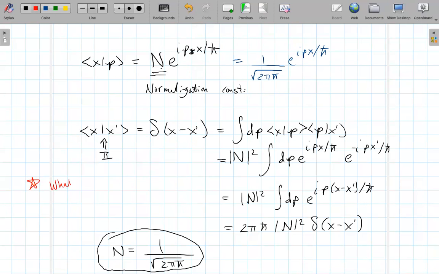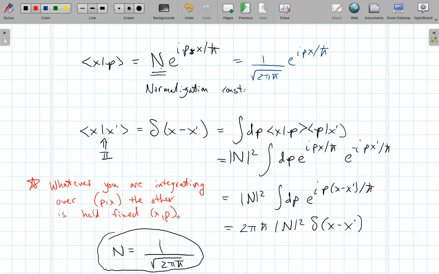So whatever you're integrating over, again, whether that's p or x, the other is held fixed. So in that case, that's going to be x or p, depending on which one I'm integrating over. Okay.